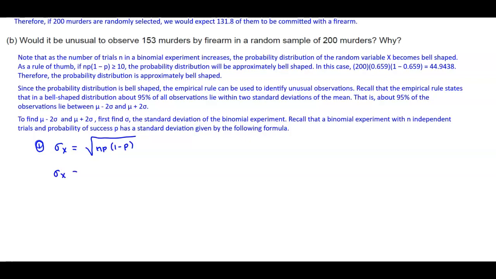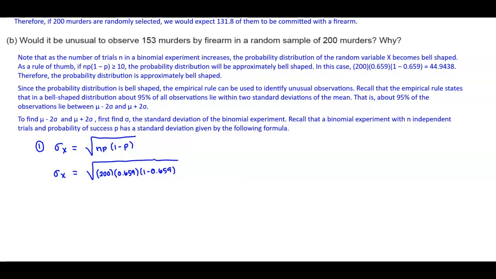The standard deviation is the square root of 200 times 0.659 times 1 minus 0.659.